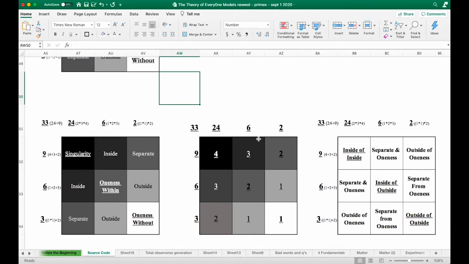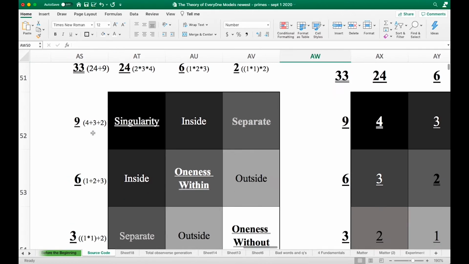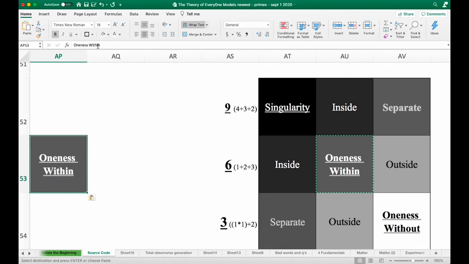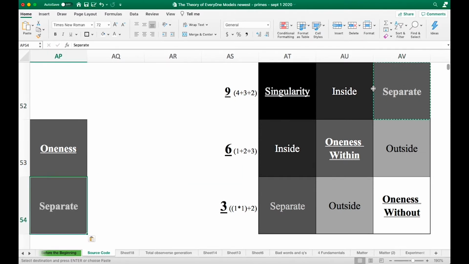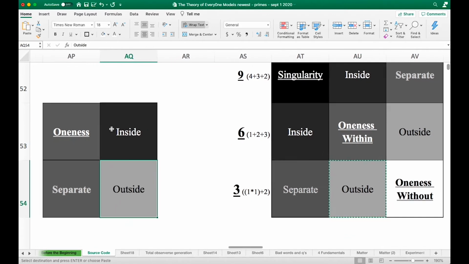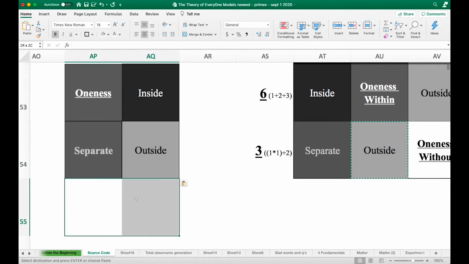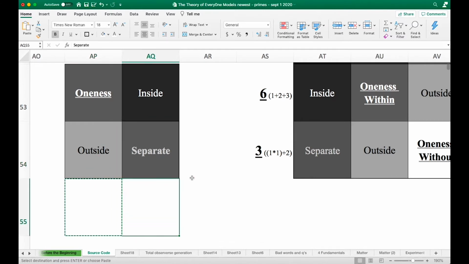And even interestingly enough, when you look at the structure, the objectives are oneness, separate, inside, and outside. You can see that separate, really, it should be like this. There.